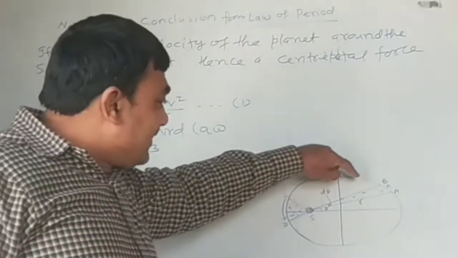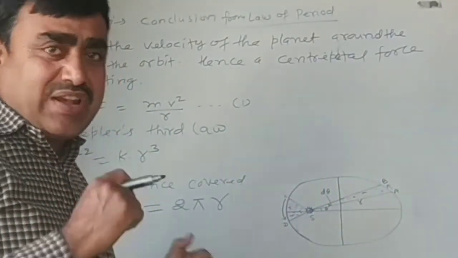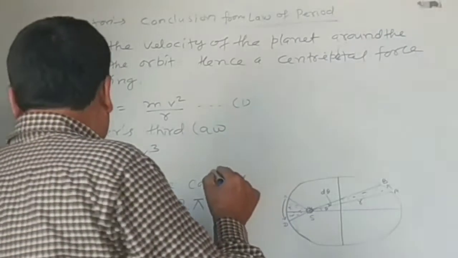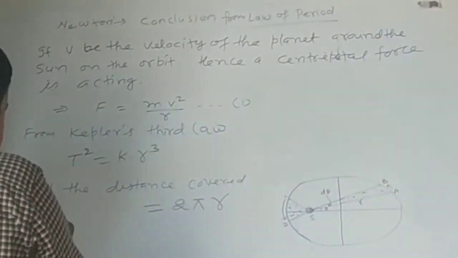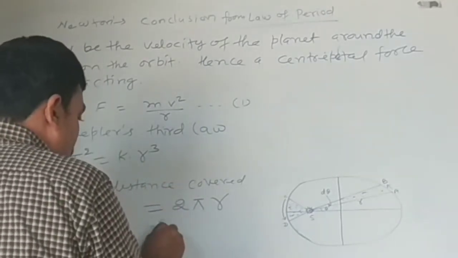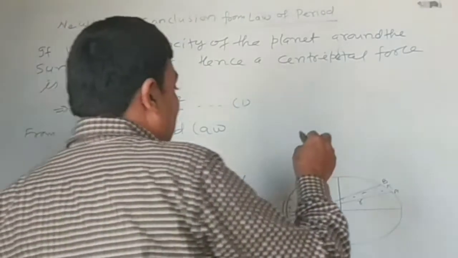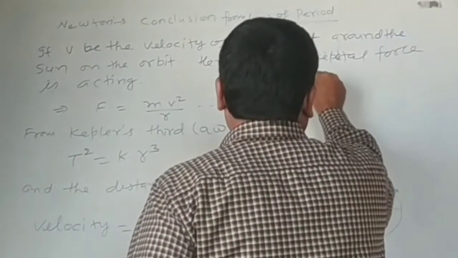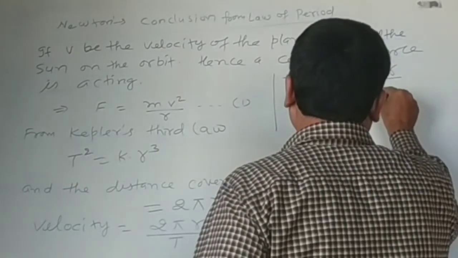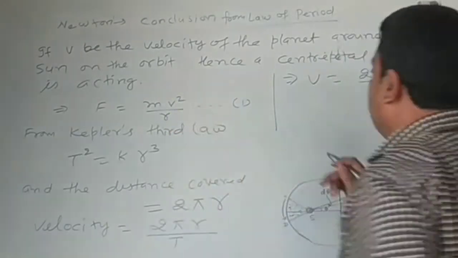That means the circumference of the orbit in one rotation. Here T is equal to time period. Therefore, velocity is equal to 2 pi r upon T. Okay, that implies v is equal to 2 pi r upon T. Putting the value of v in equation 1.